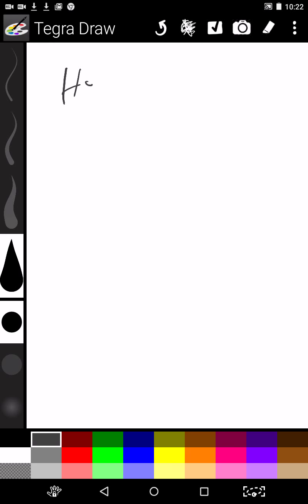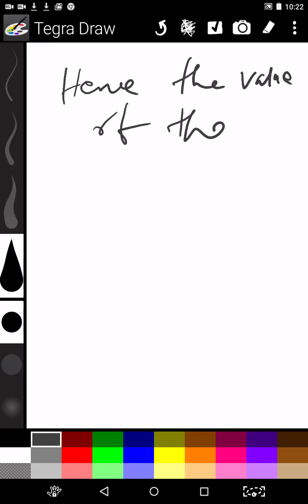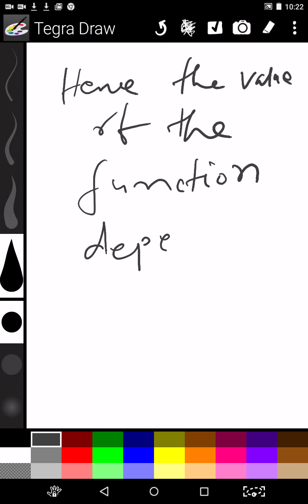Here the value of the function depends on t.